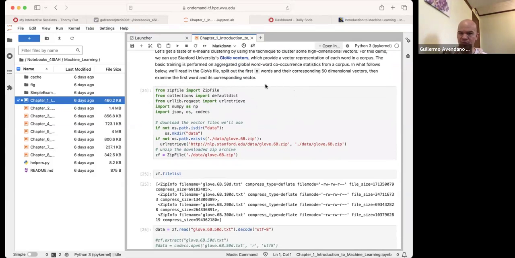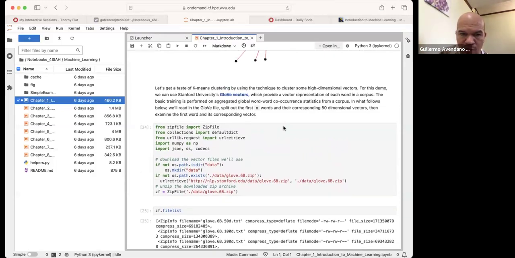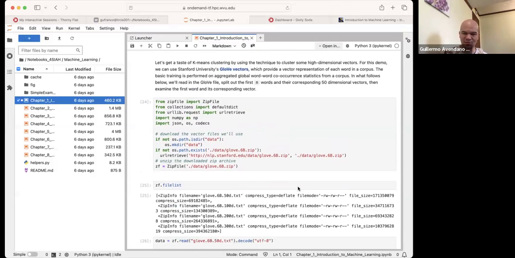So they have the words on a text, and it's trying to identify which are the clusters that we can make from them. So the data is relatively big. It's 50 vectors here, so 50 columns. Okay, it's words on a big text. These are the GloVe vectors.